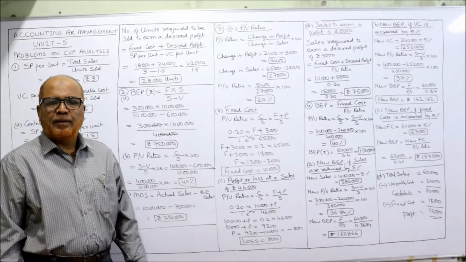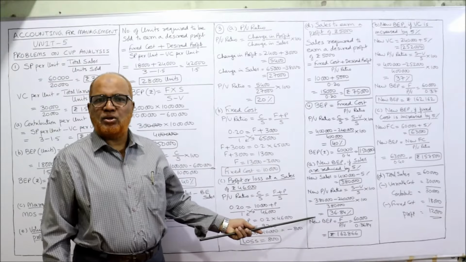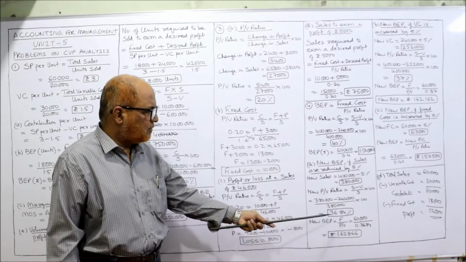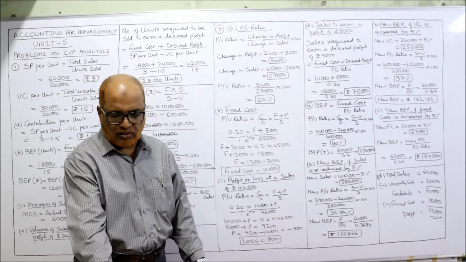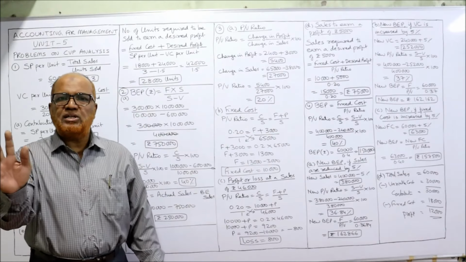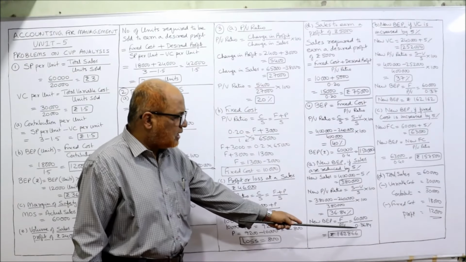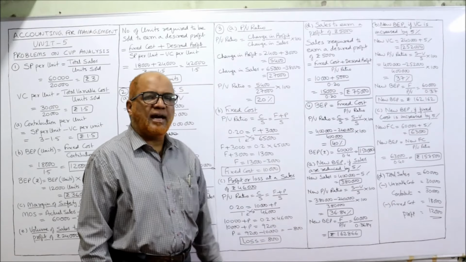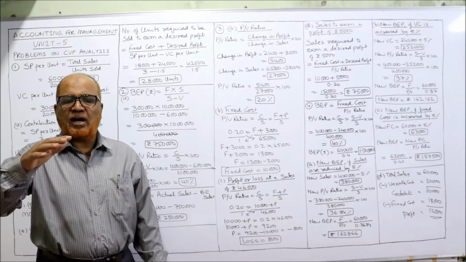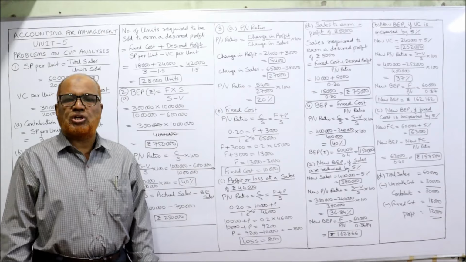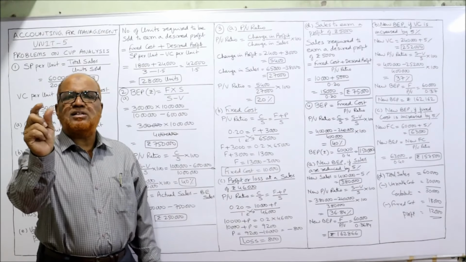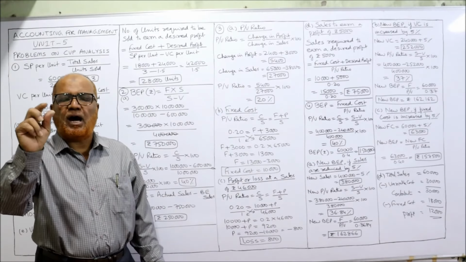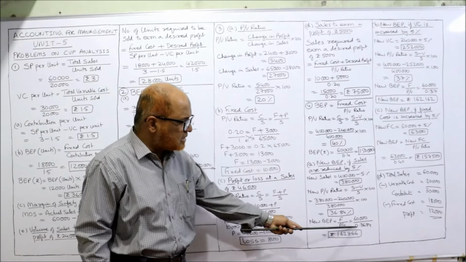Now BEP. The BEP formula is fixed cost by PV ratio. There is no change in fixed cost. Fixed cost is 60,000, whatever is given in the problem. So 60,000 divided by 36.84%. If you convert the percentage into a fraction, simply divide 36.84 by 100. You will get 0.3684.